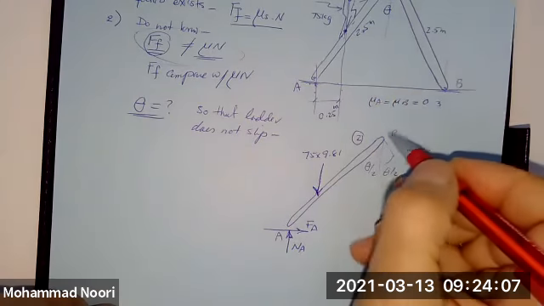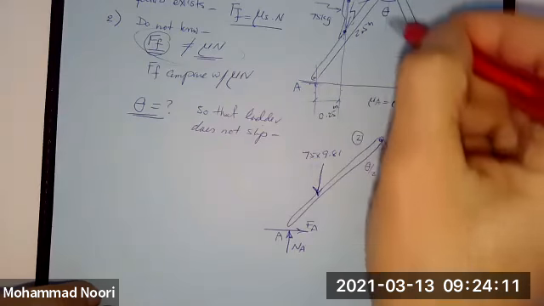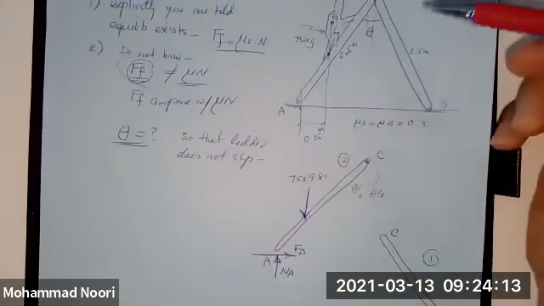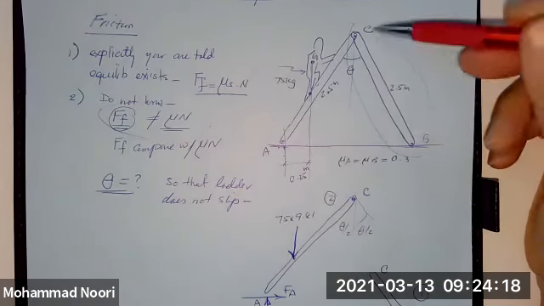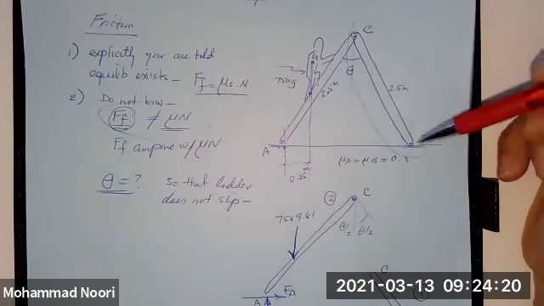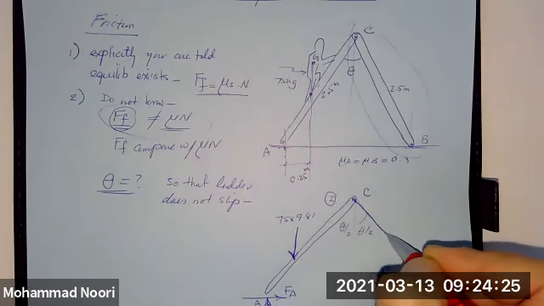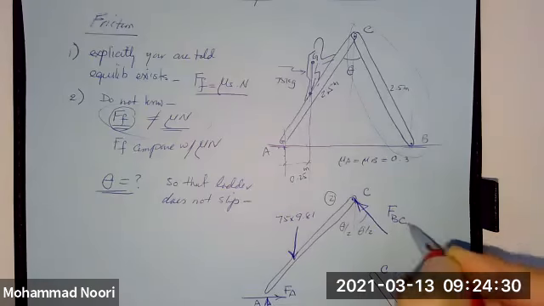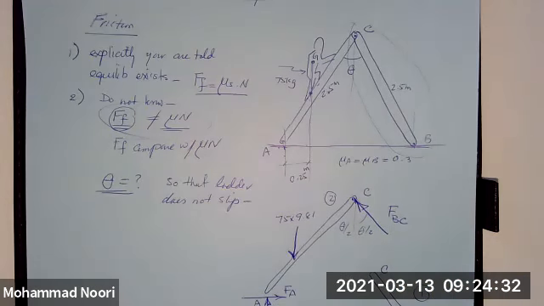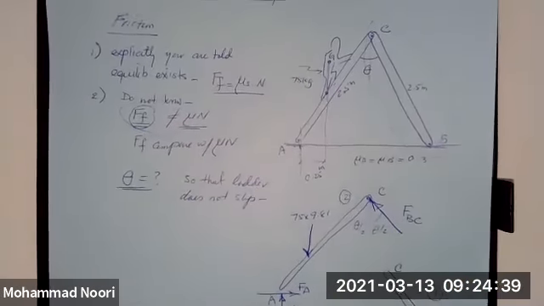And then at point C, what do you have? This piece of the ladder is pinned here and pinned here, so it is a two force member. If there is a force at C, it comes from this member, which is member BC. These are not two independent forces. And this is the angle.